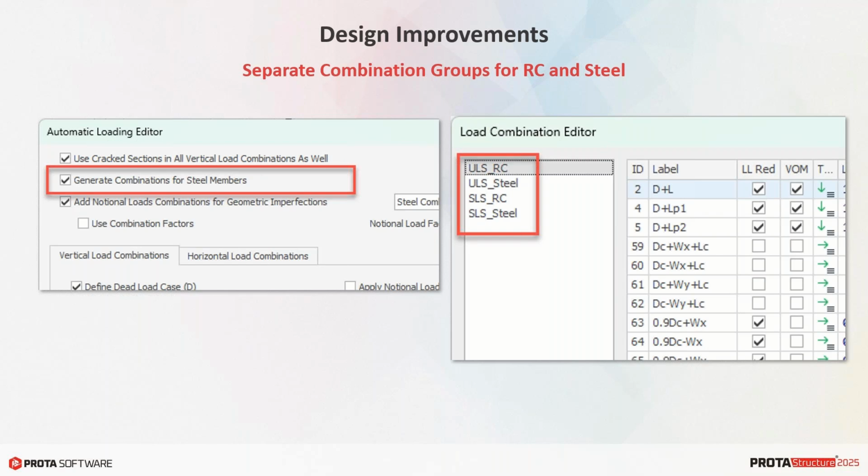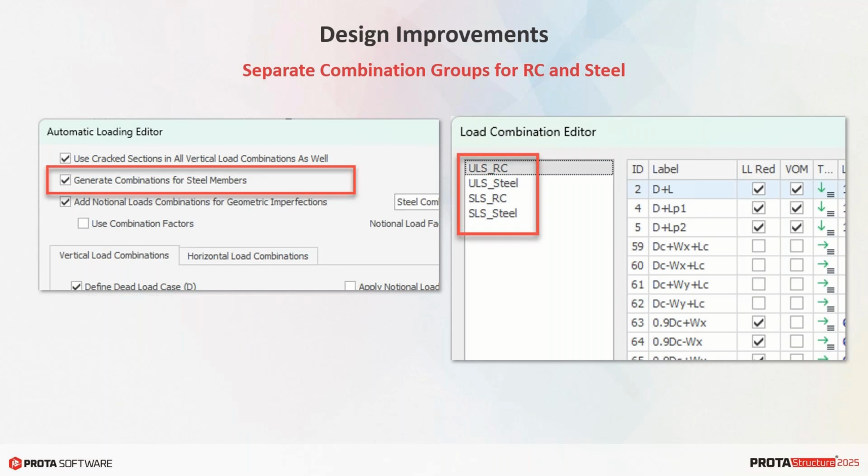Steel and concrete design and serviceability checks require different combinations, as you are well aware. Knowing this, we followed a more structured approach and we created different groups for steel and RC, ULS and SLS combinations. You will now be able to access these combinations in their respective category in the load editor.